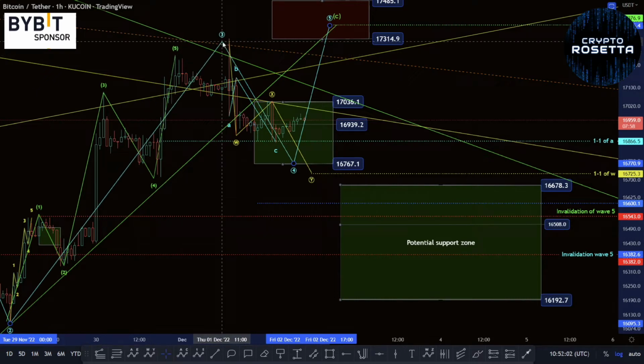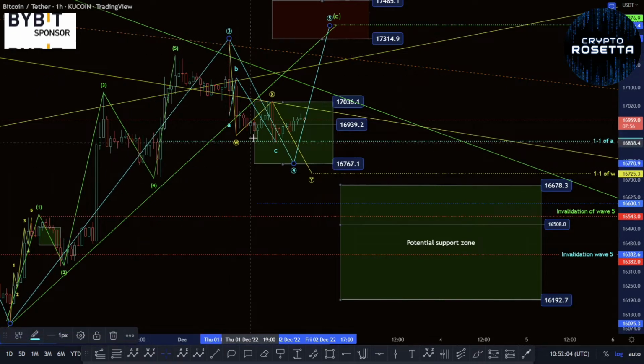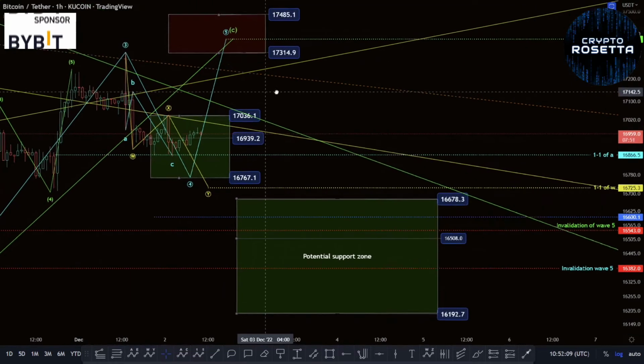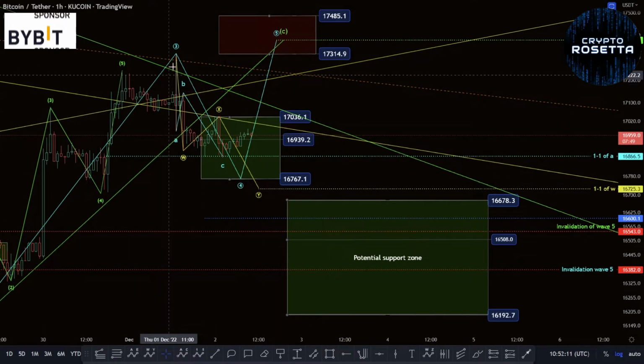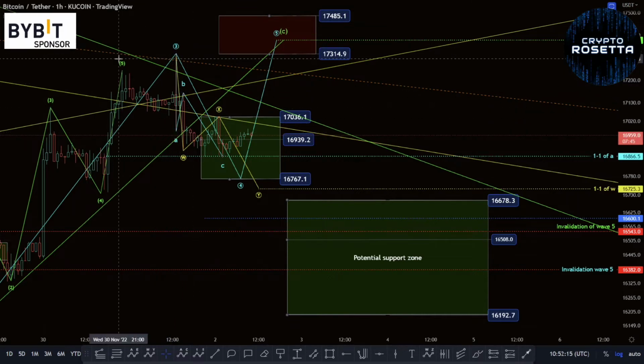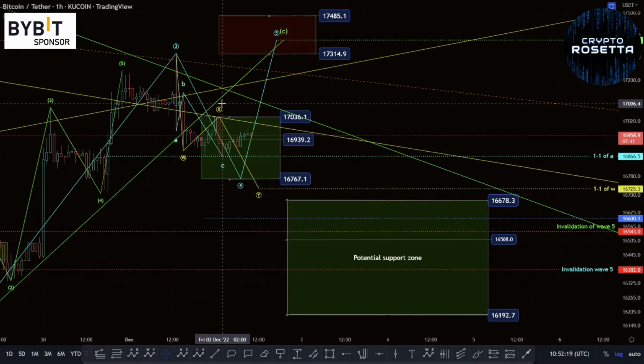Either the third wave actually finishes here, which seems to fit a bit better, or we have an expanding flat into this point and then a zigzag down, and that would be a completed WXY into this point here.